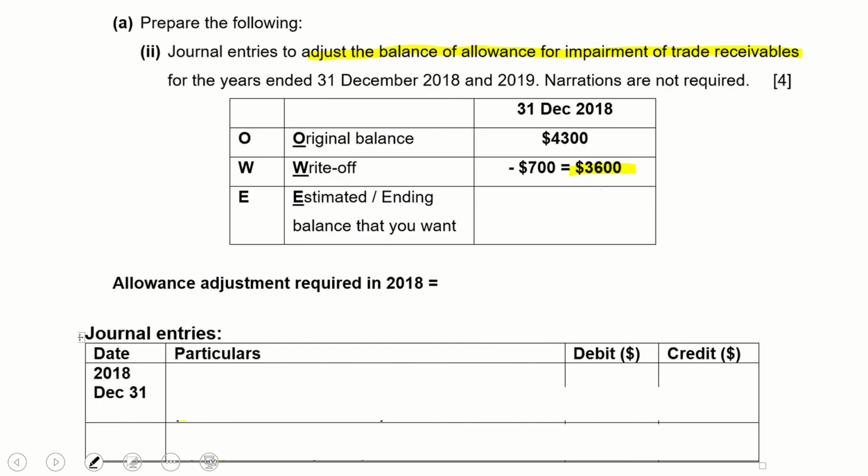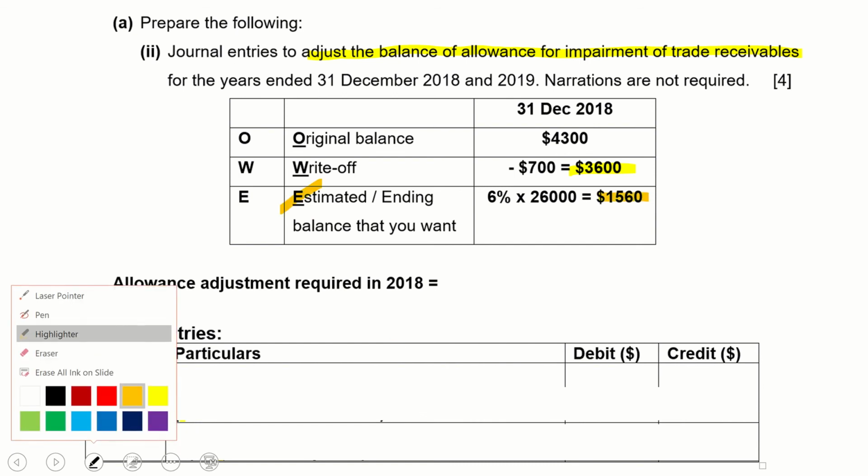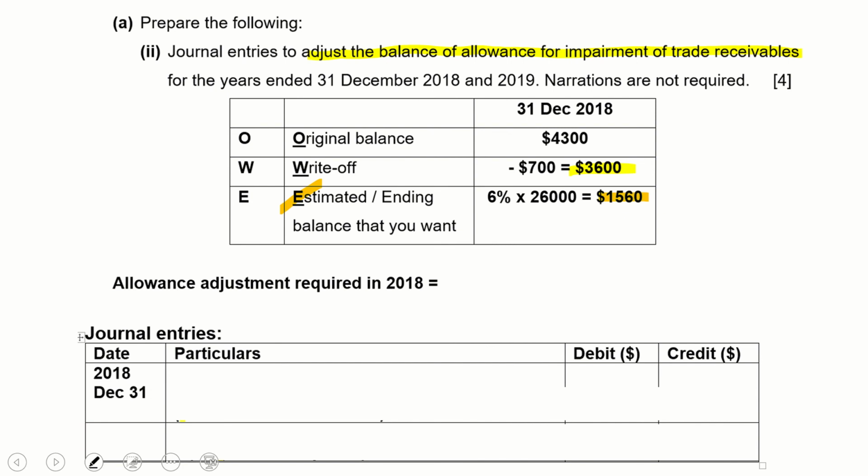How do I do that? I will take 6% times 26,000, and that will give me $1,560. And this is the amount that I want as my estimated or ending balance.